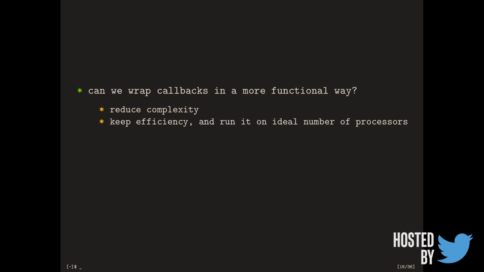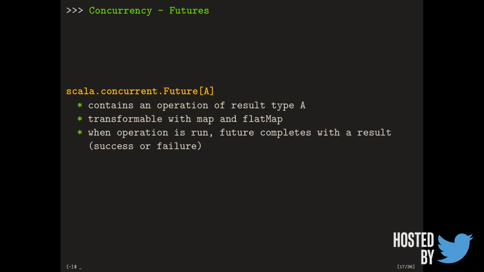So now, what if, rather than making callbacks work purely on side effects, so only registering changes, we could wrap them in a more functional way? So now we deal with transformations rather than side effects, all the time keeping the same characteristics, so the efficiency, but reducing the complexity. This is where Scala futures come in. You've probably seen these things.